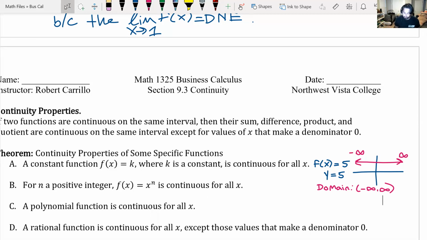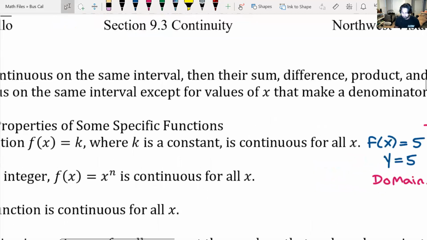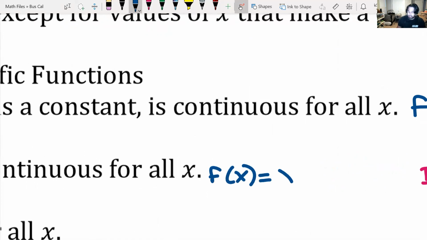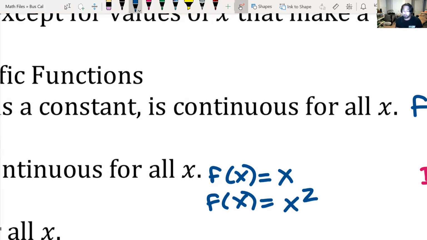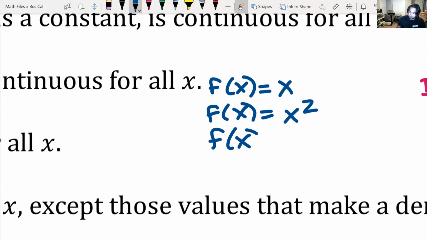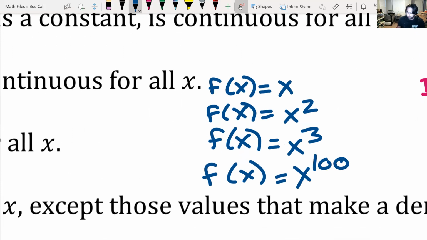So if I wrote some examples, let's just say f of x equals x, or f of x equals x squared, f of x equals x cubed, or f of x equals x to the 100th.